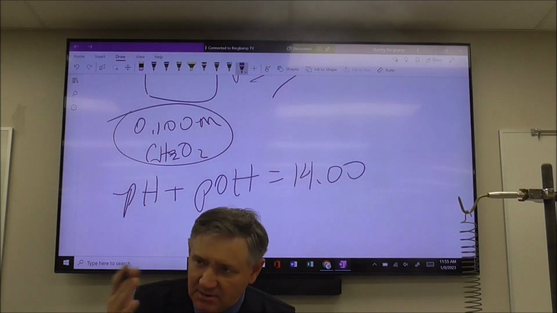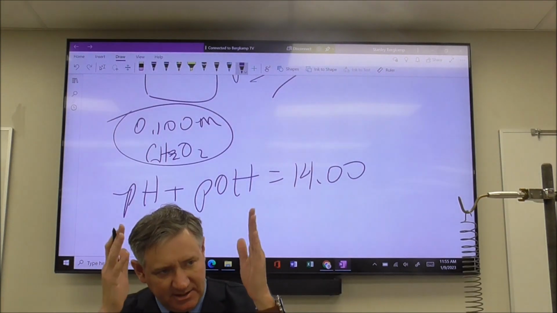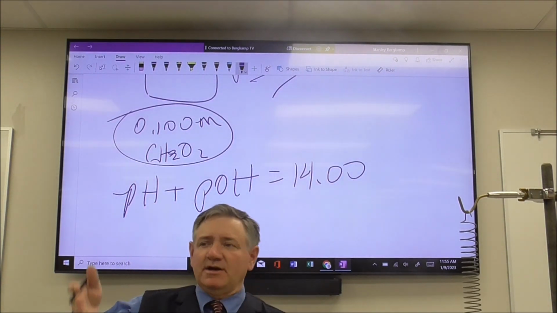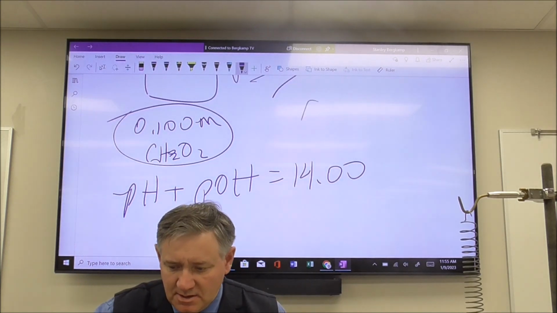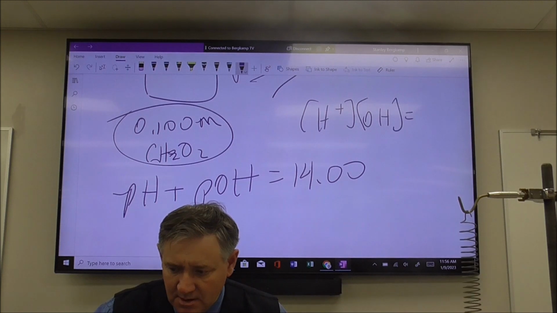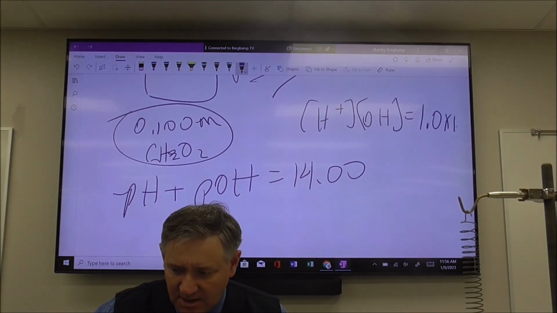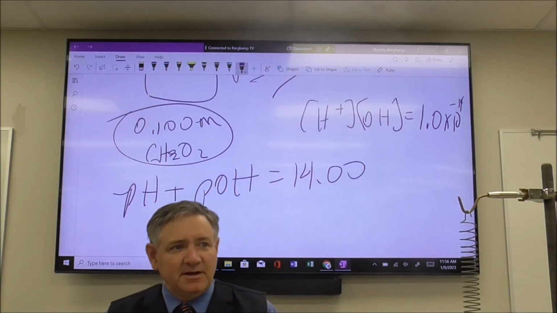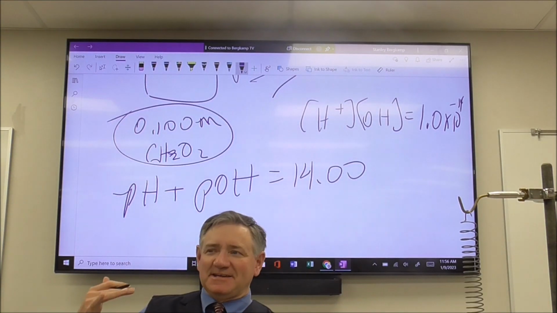The reason those add up is because at standard conditions, 25 degrees Celsius, your hydronium ion concentration times your hydroxide ion concentration equals the autoionization constant, which is 1 times 10 to the negative 14, which works out well, okay?